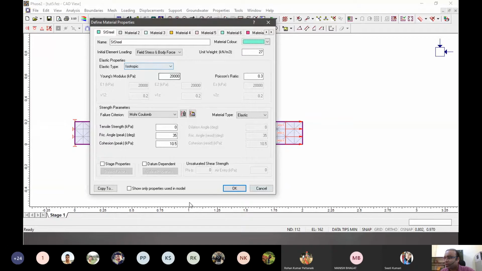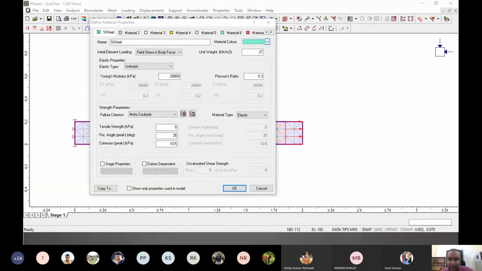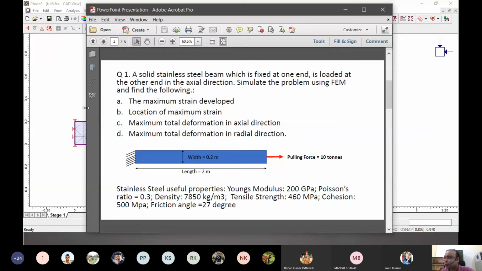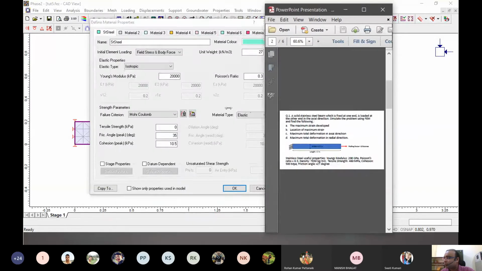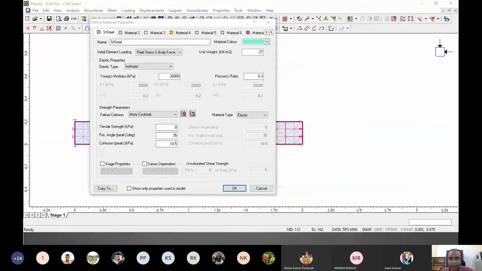Okay. And what all properties are given, we can use those. So it is 200 GPa.